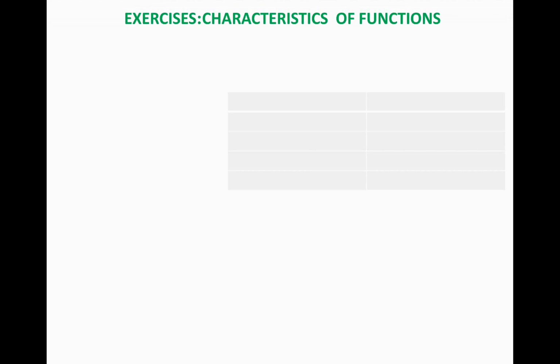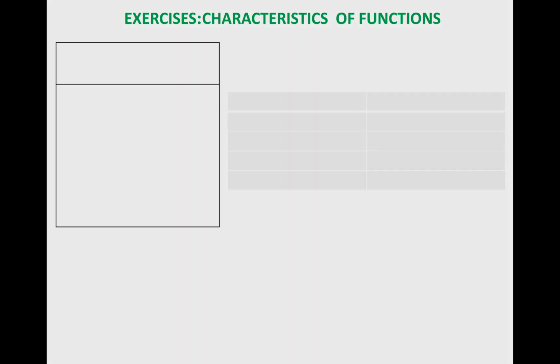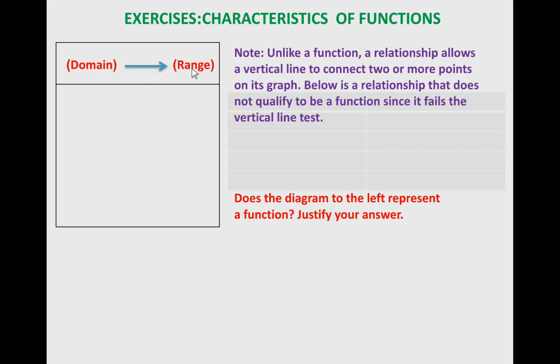Let's take a look at the characteristics of functions from different perspectives. What we will do here is put in the domain and range, and then we have a note here.